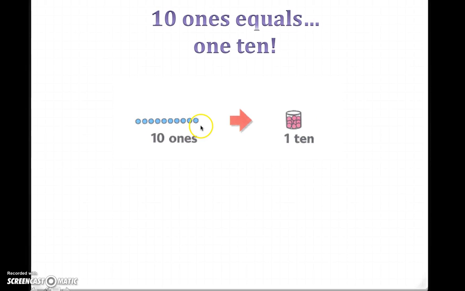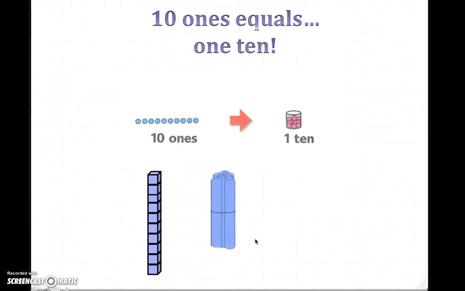So we take these 10 little ones and we group them into one group of 10. We might see all the cubes glued together in what we call our 10 stick, and we might see the ones bundled together. We've been learning a lot about bundling.